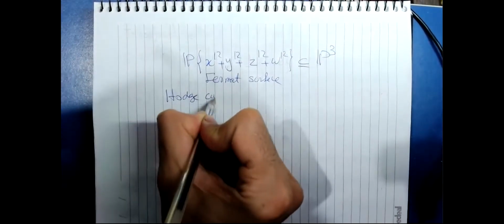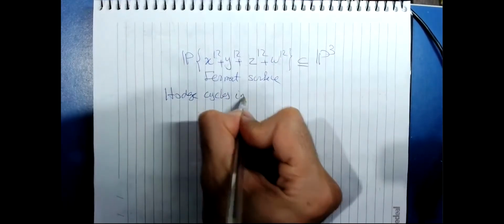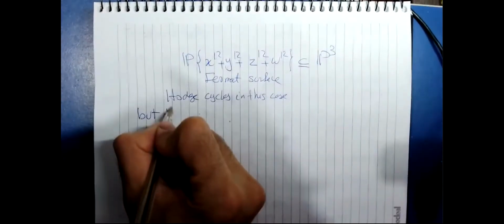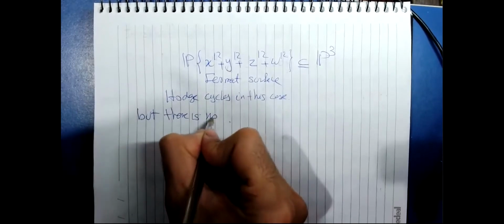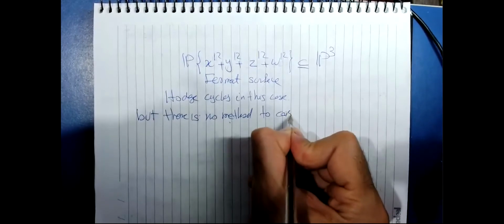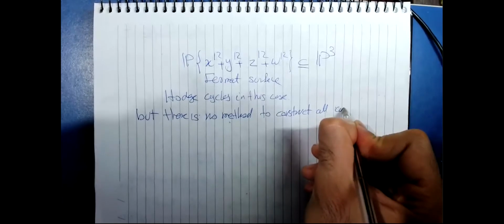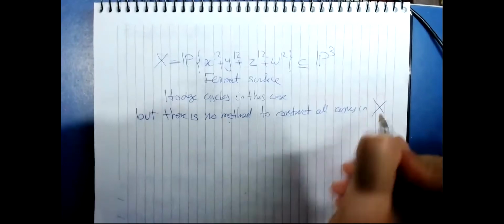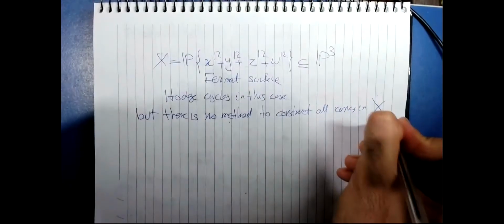It is possible to write down a basis of Hodge cycles in this case, but there is no method to construct all curves in this variety which generate the space of Hodge cycles.